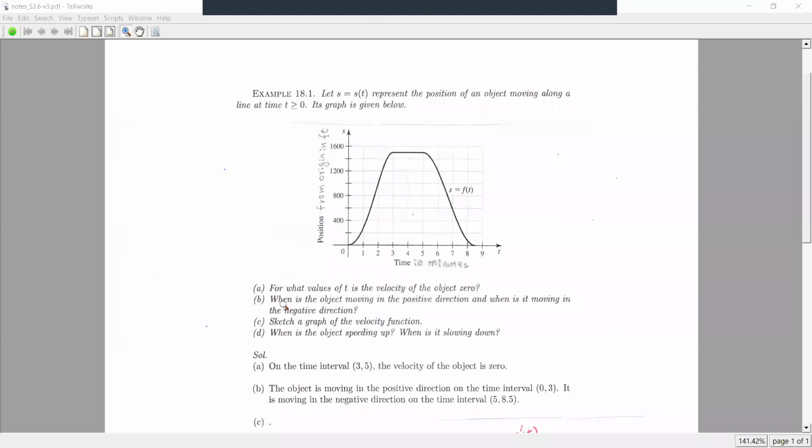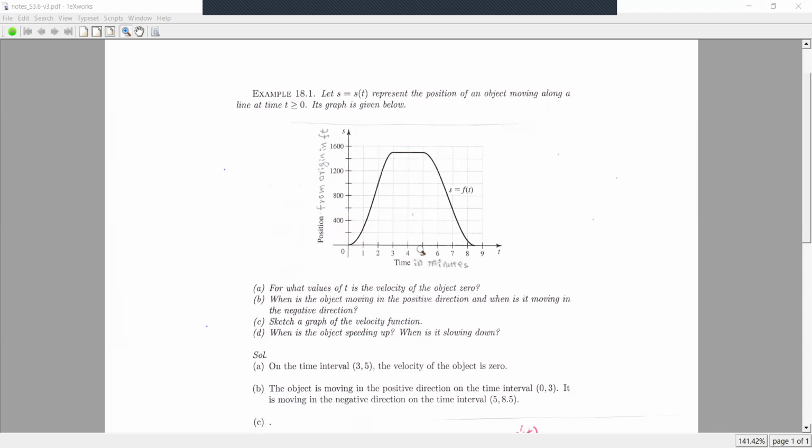Part B. When is the object moving in the positive direction? And when is it moving in the negative direction? The answer is between 0 and 3. The object is moving in the positive direction because between 0 and 3, all the tangent lines to the curve have positive slopes.